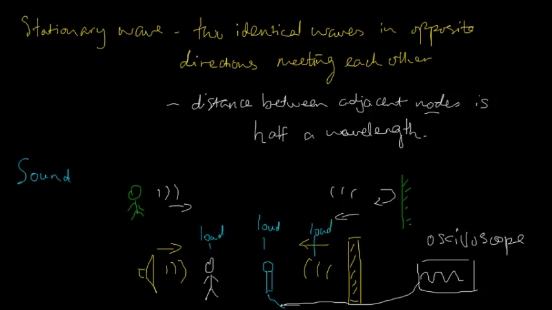But maybe in between, at this position, it may be soft, and that position, that is soft. Okay, so this is what we may hear as we walk from there to there. We'll hear loud, and then we'll hear soft, and then we'll hear loud, and then soft and loud.